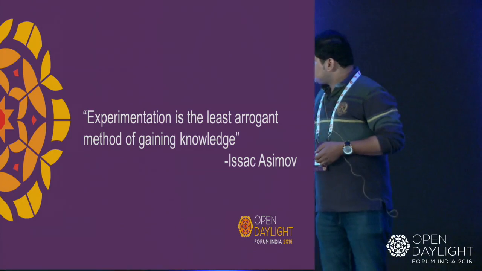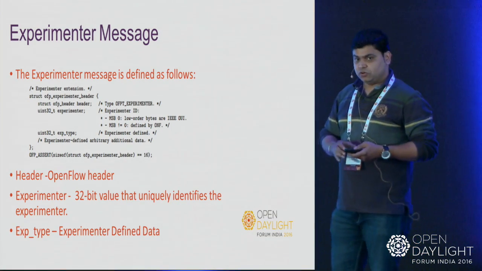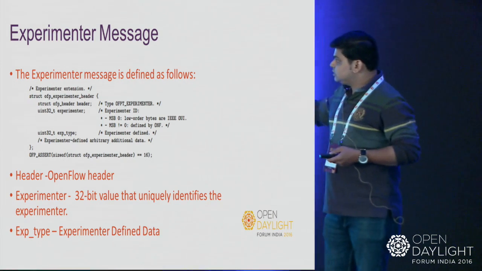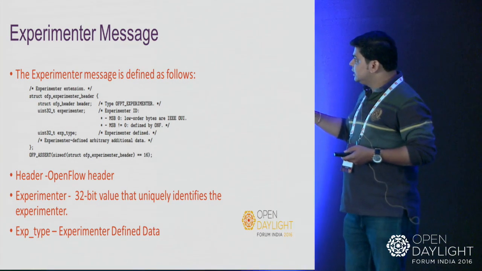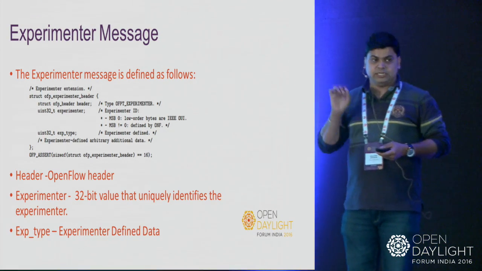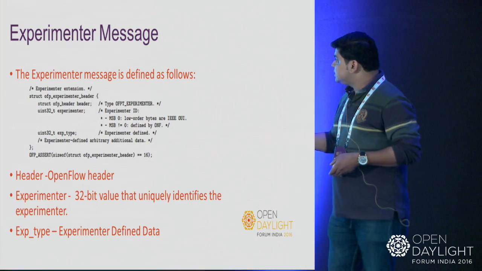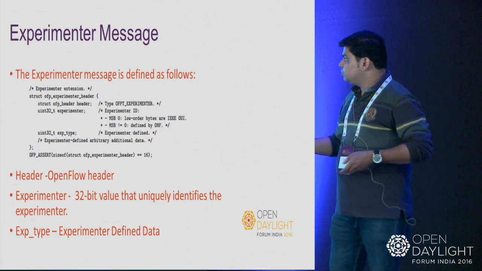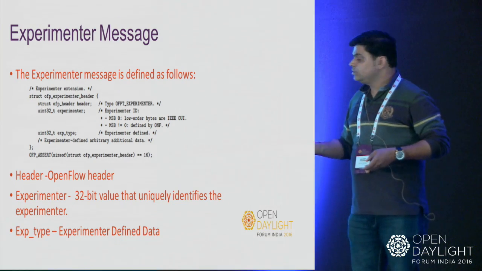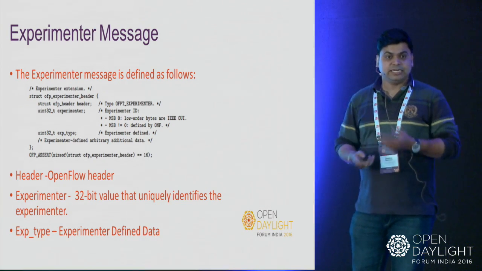Okay, so this is as per the OpenFlow spec. The structure is as per the OpenFlow spec, and this header is for the experimenter extensions. As we can see, it has a base header, which is the OpenFlow header, which will have the version, whether it is 1.0 or 1.3, and other TLVs.